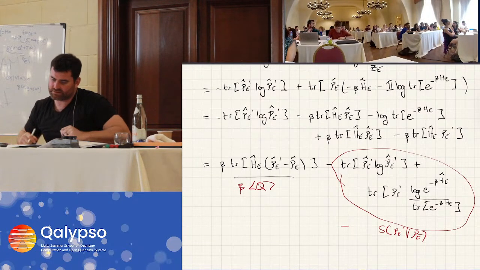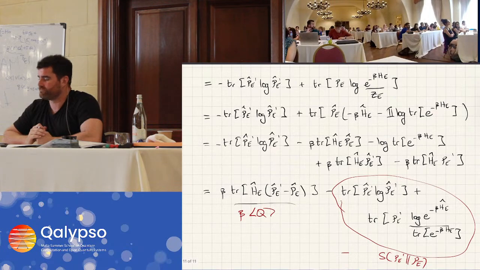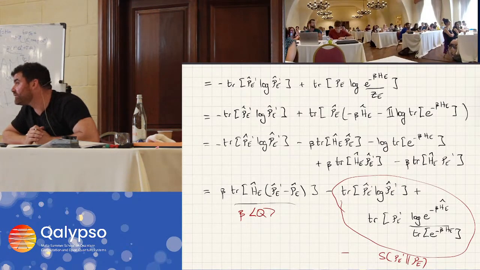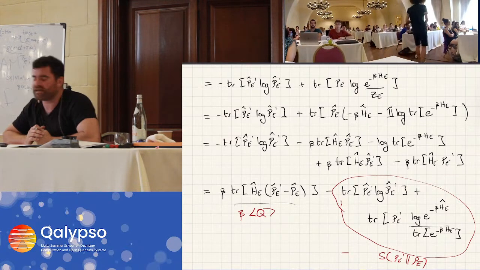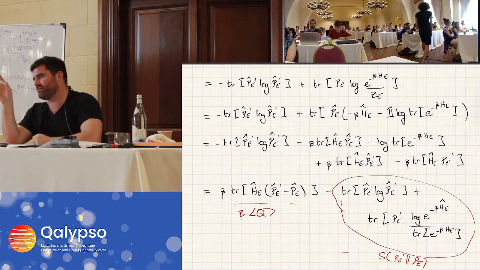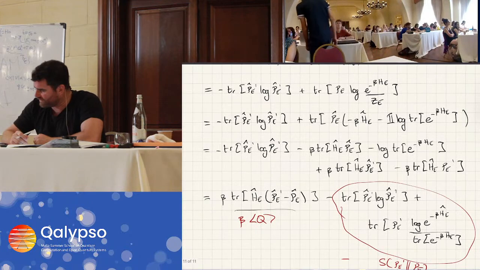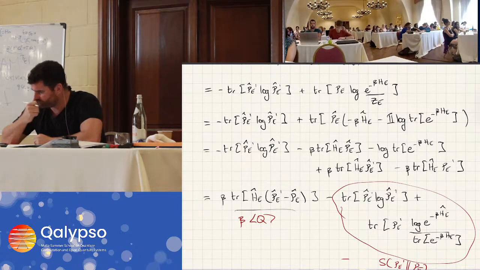Yes. Sorry? Like the trace of the identity is like D. Yeah, sure. I mean, yeah. Let me think. Yes, there's somehow this thing is coming in.